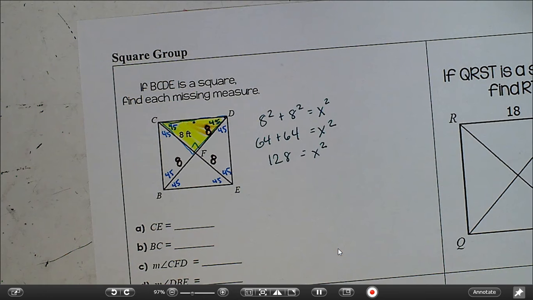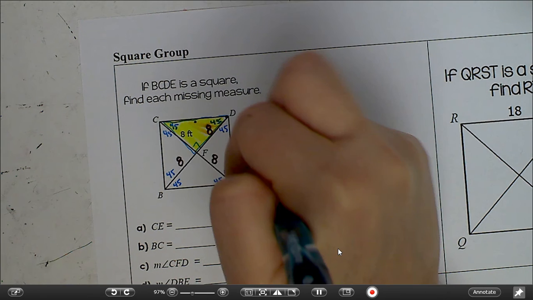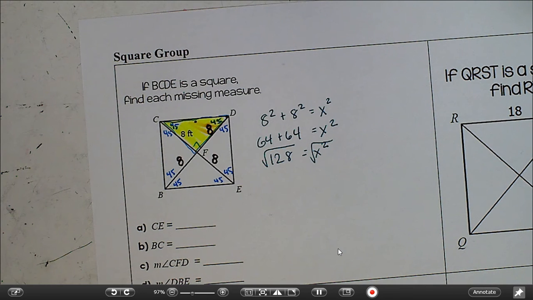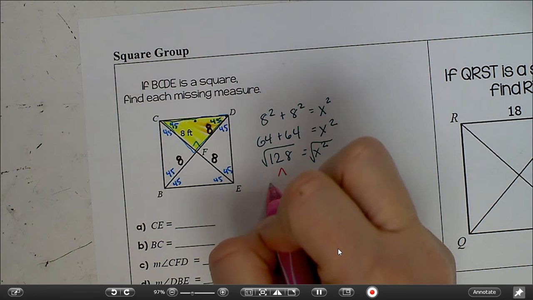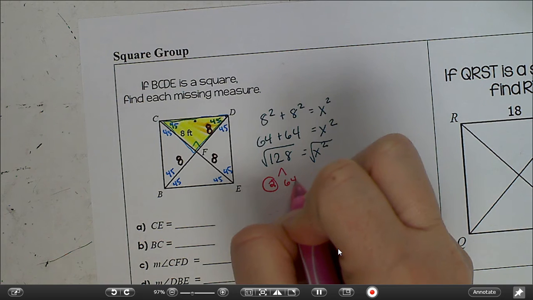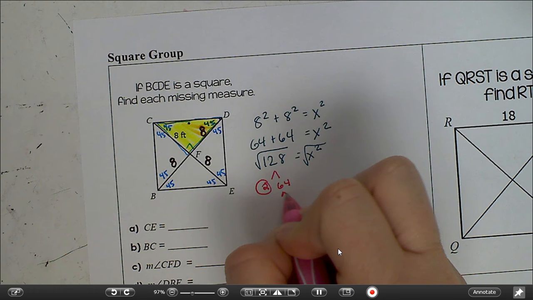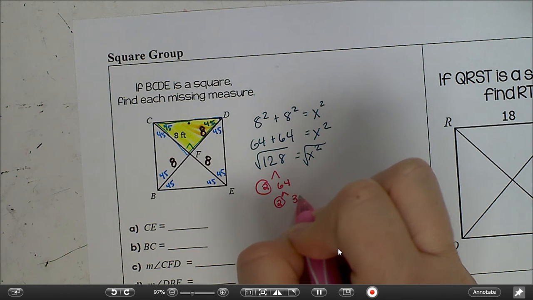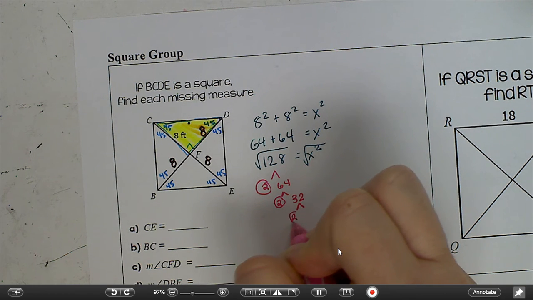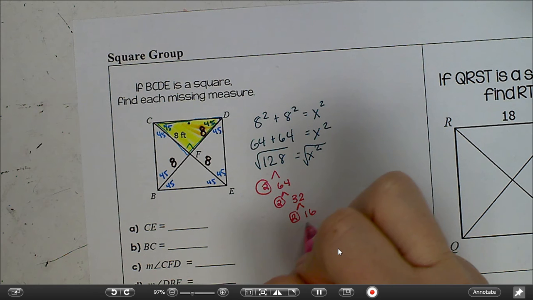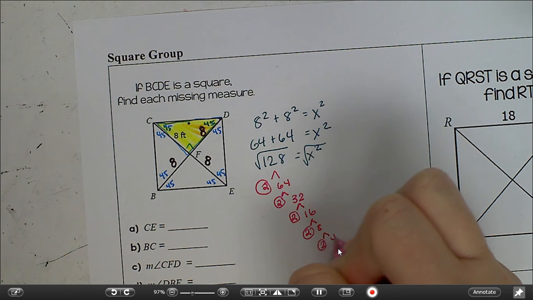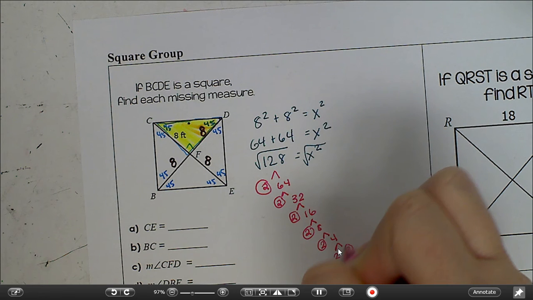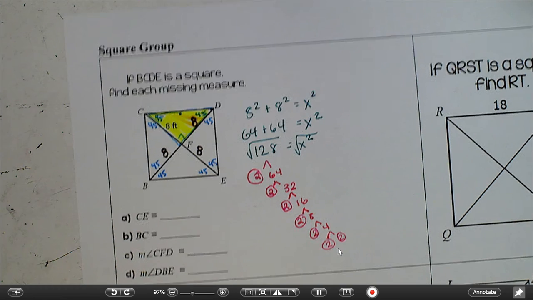And I'm going to do this way, just so that you guys see it another time. We're going to break this down into simplest radical form. So that would be 2, which is prime, times 64. 64 is 2 times 32. 2 times 16. 2 times 8. 2 times 4, which is 2 times 2. So there's all of our primes.